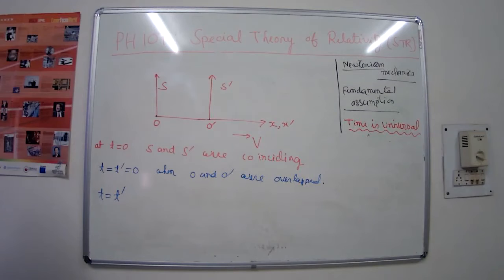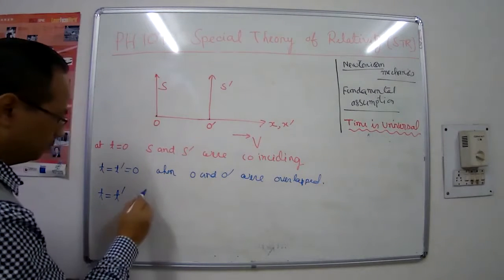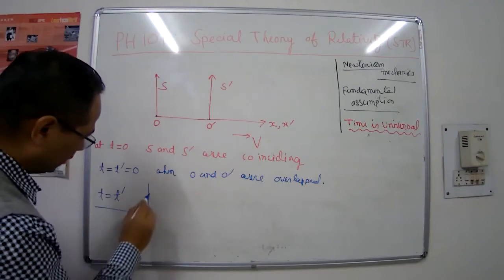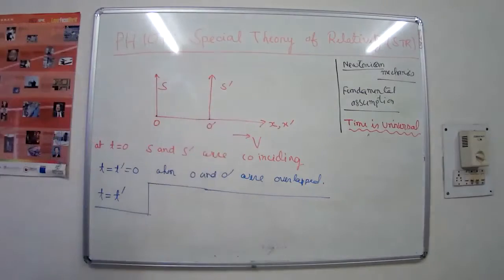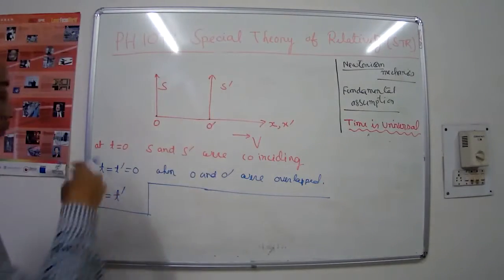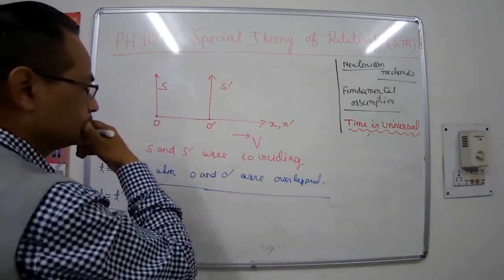So that is meant by the universality of time. With this fundamental assumption, let us now try to establish the transformation equation.